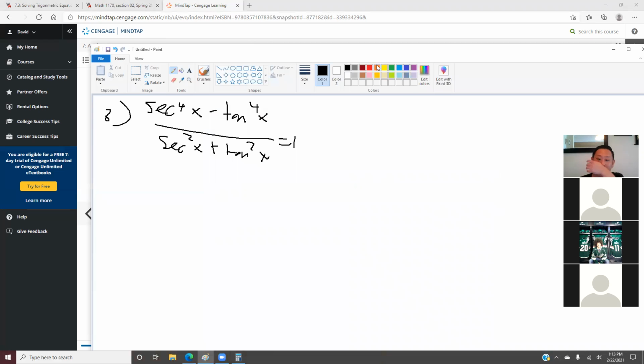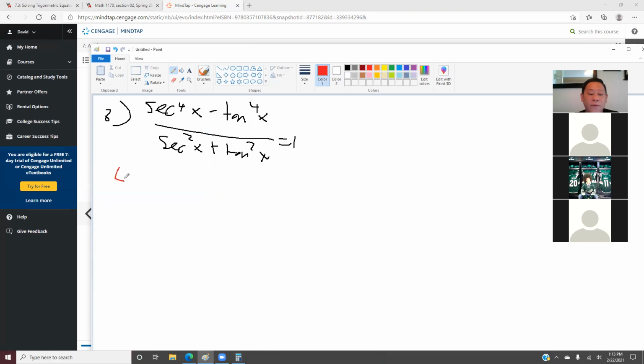So anyone know how to prove? Again, left or right hand side? Left hand side. So what you need to do, the left hand side here. So this can be factored. Do you guys know how to factor a to the power of 4 minus b to the power of 4?